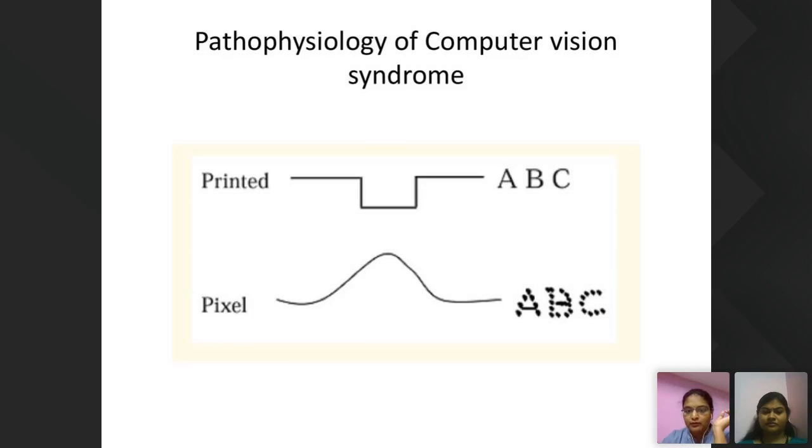If an A is written on the board, both at the center and at the edge, it acts like a solid structure, and we can see it without any strain. On a computer screen it is in pixel form, that is, the central part will be darker and the outer part will be blurred. So we have to focus.